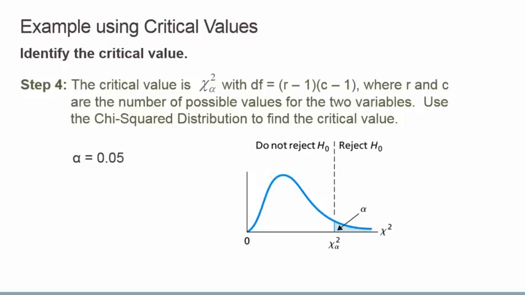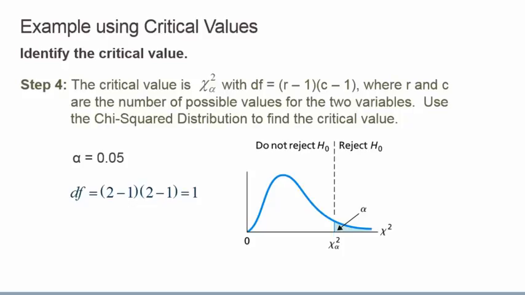We want to find the chi-squared value that matches an area of 0.05. My rejection region is to the right of chi-squared sub alpha. I have 2 rows and 2 columns, so when I substitute for the degrees of freedom, I have 2 minus 1 in parentheses and 2 minus 1 in parentheses. 1 times 1 equals 1.